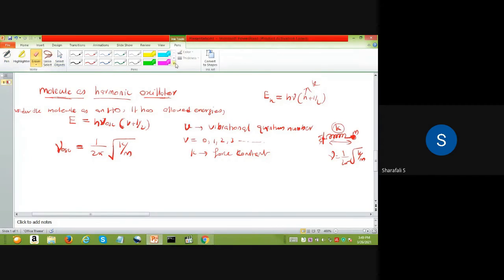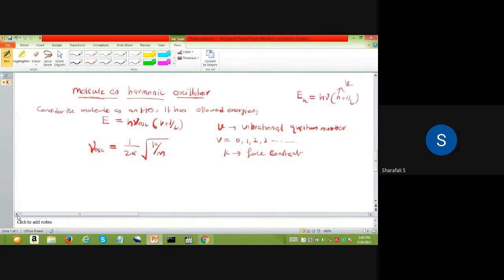Same scenario we have taken from that expression and applied in the vibration of the molecule, and we get the oscillation frequency, nu oscillation equal to 1 by 2 pi root K by M.